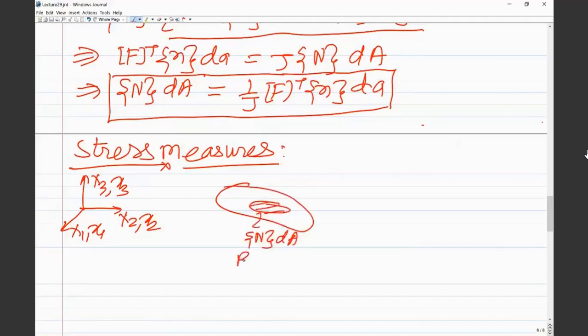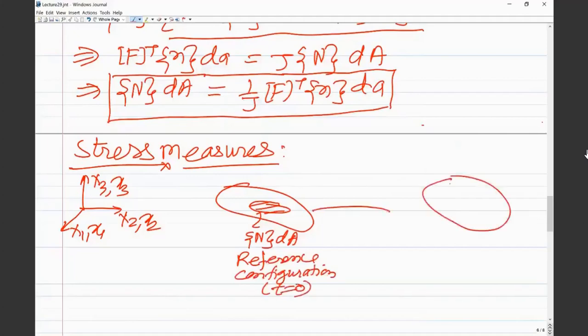This is again the reference configuration, that is at t equal to 0, and then the same area gets translated to another area. This is vector n and then small da.